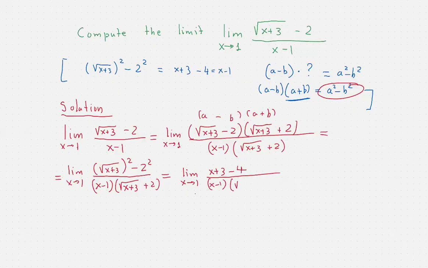and this will further give us x minus 1 over x minus 1 times the conjugate. And now the idea is to perform the cancellation.